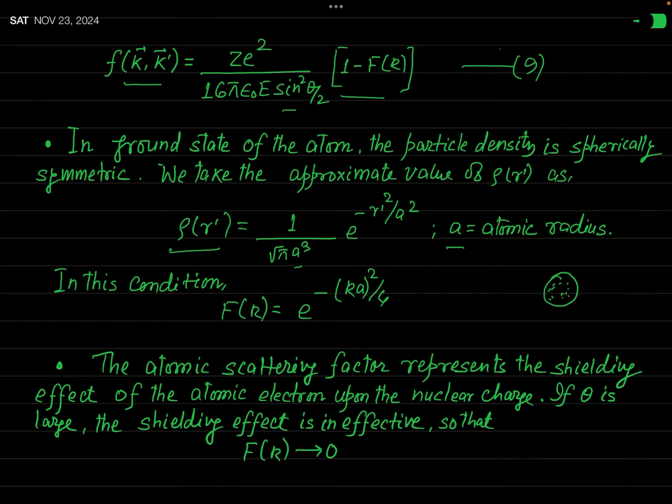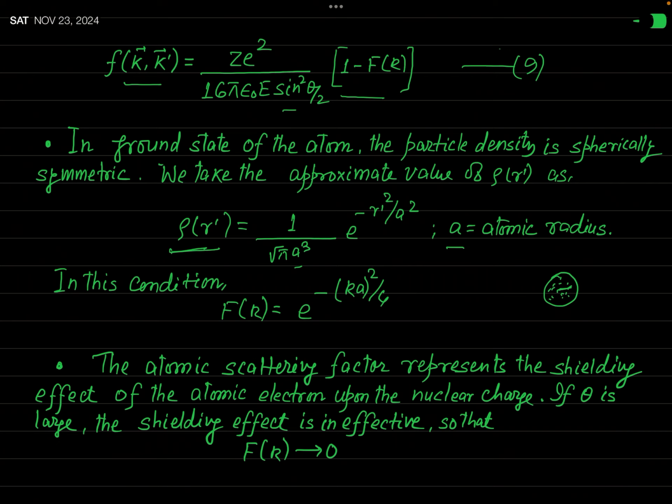Here a represents the atomic radius, and r dash is the distance of the point from the origin where you have to find this density.